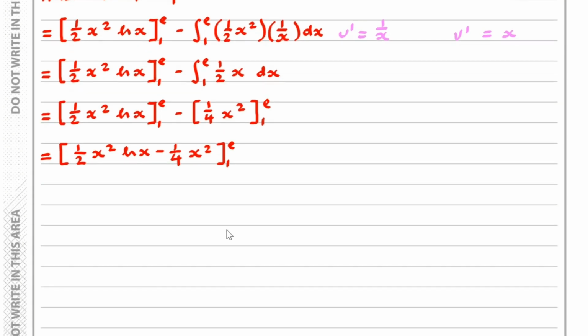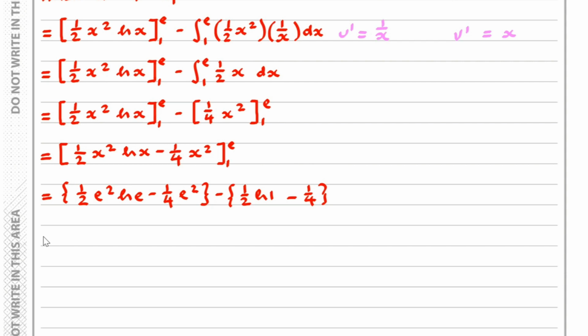So, if I substitute for my upper limit, I've got 1/2 e squared times the natural log of e minus 1/4 e squared. For my lower limit, I've got 1/2 times the natural log of 1. Subtract 1/4 times 1 squared, which is just 1/4.